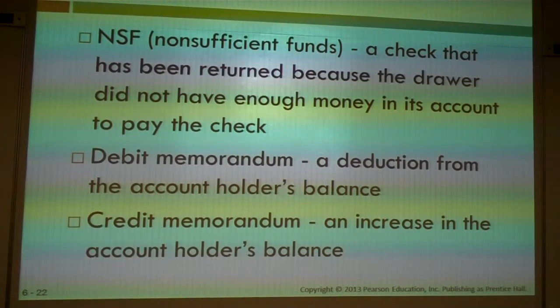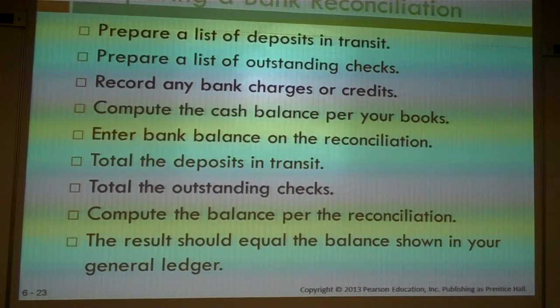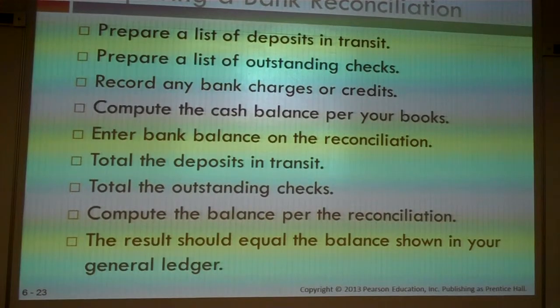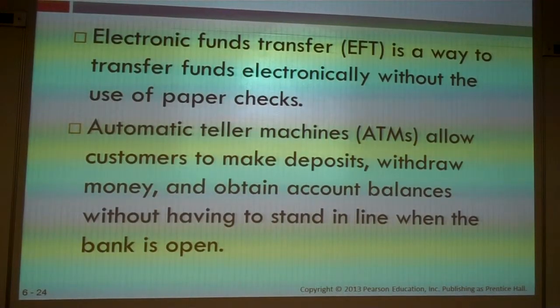A debit memorandum is a deduction from the account holder's balance, and a credit memorandum is an increase in the account holder's balance. Okay, so a debit and a credit memo. And we can look at these steps as we go through the practice one that we'll do on Thursday. They don't all have to be done in that same order, but we could use that as a check sheet.